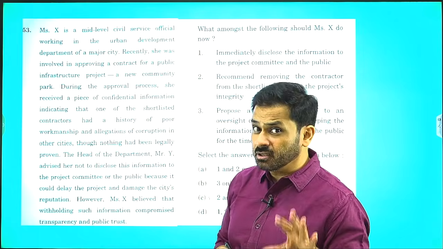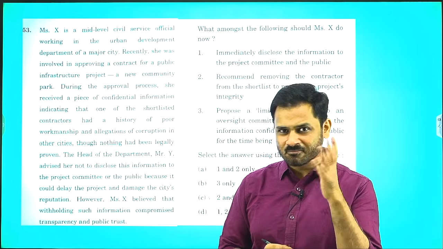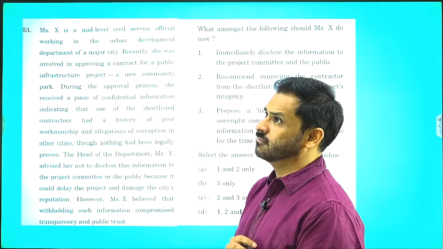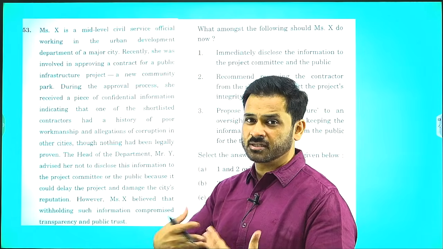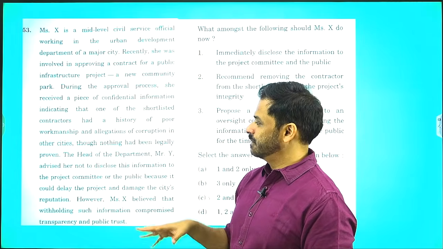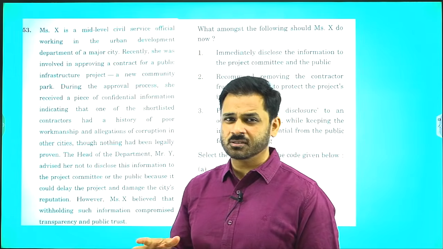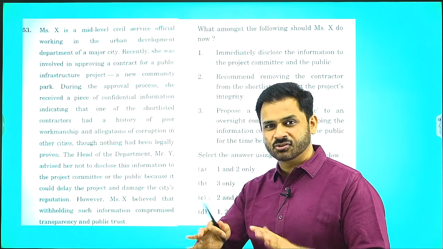But it is not legally proven. Because it is not legally proven, there is some kind of suspicion. So what the officer is trying to do here is she probably wants to disclose that information because it is available to her. Now the head of the department is asking her not to disclose. So obviously what she can do here is she has to balance both the aspects.